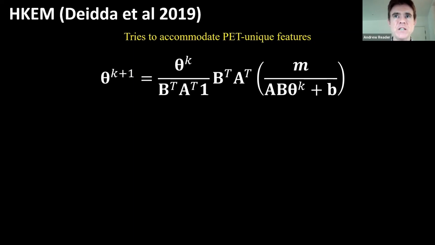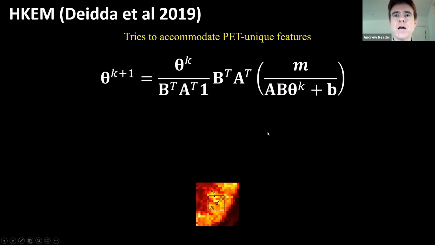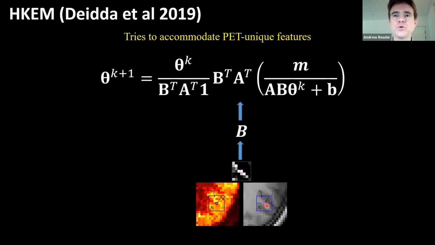So remember, kernel EM that I presented earlier was the MLEM algorithm, now with a basis function matrix B. And if you remember before, all we used was the MR similarity to generate the basis function matrix. With the so-called hybrid kernel EM method, what they did was to use the current update of the PET image to calculate the similarity map.